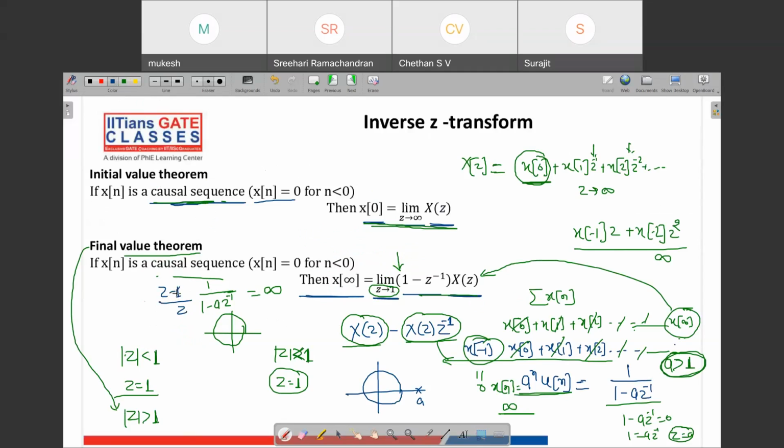Yeah, that was the mistake. Now in this case, if you put z equal to 1 here, this expression is essentially 1 minus z inverse. Now if you put limit z tending to 1 here, what will we get? You'll get 0, correct? But we know from the time expression that it is going to be infinity, correct? So that's why we don't apply this formula.